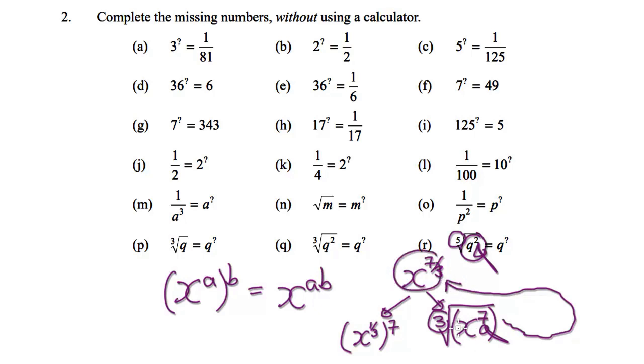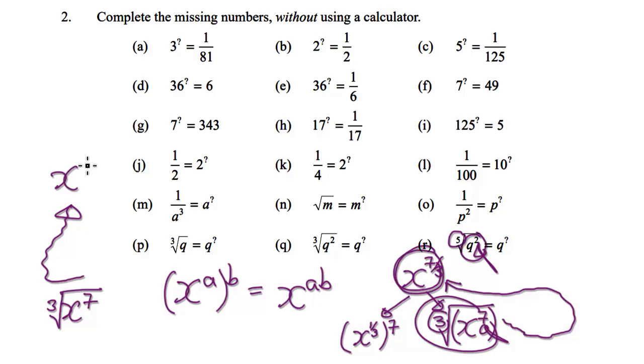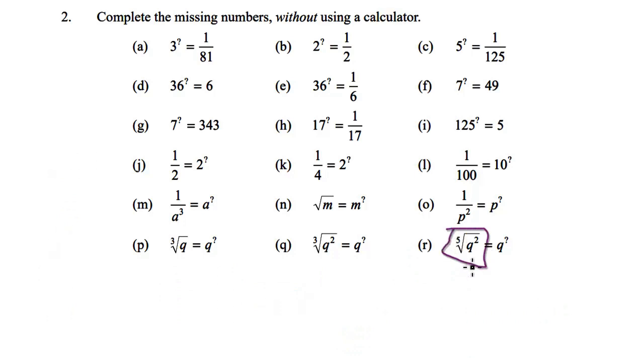So if someone gives you x to the power of 7, which is this thing here, and then cube root, you can actually jump back to x to the power of 7 over 3. So you've got to try and figure this out for yourself, somehow jump from here to here.